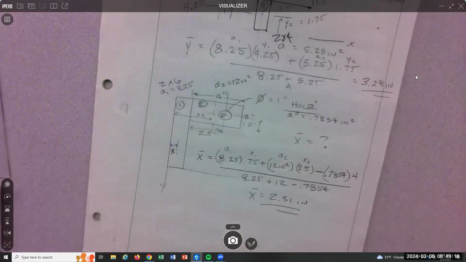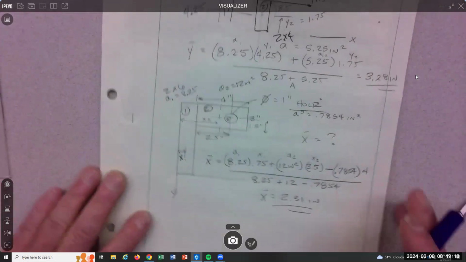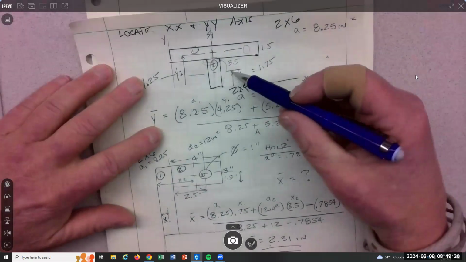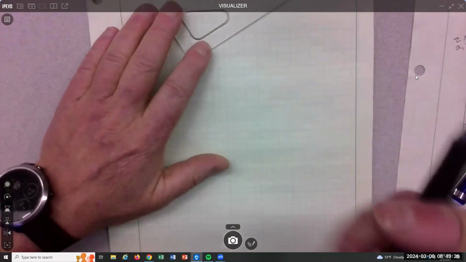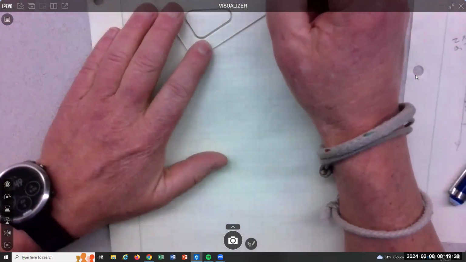So the next step is when we do that, I'm gonna go back to the first problem, because you all have that information. Oh, it's right here. So I'm gonna redraw this. Just kind of quickly. It's our 2x6.